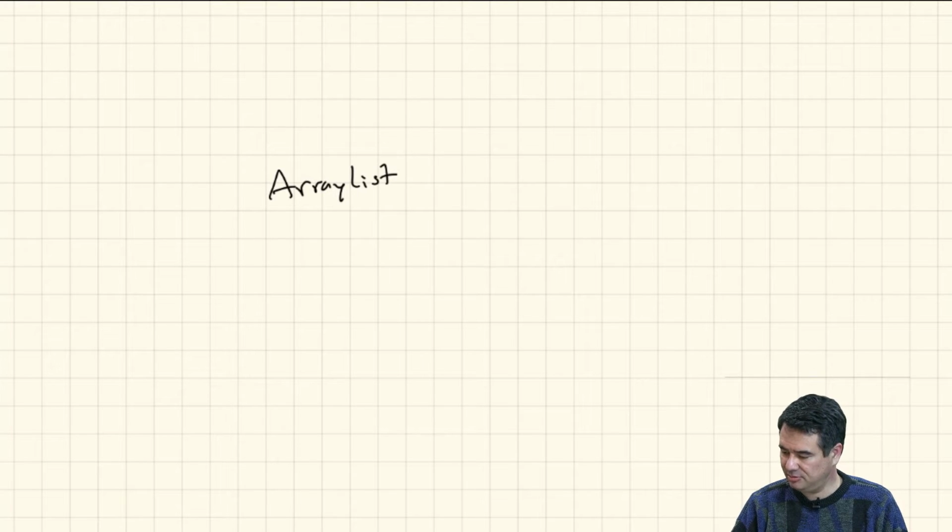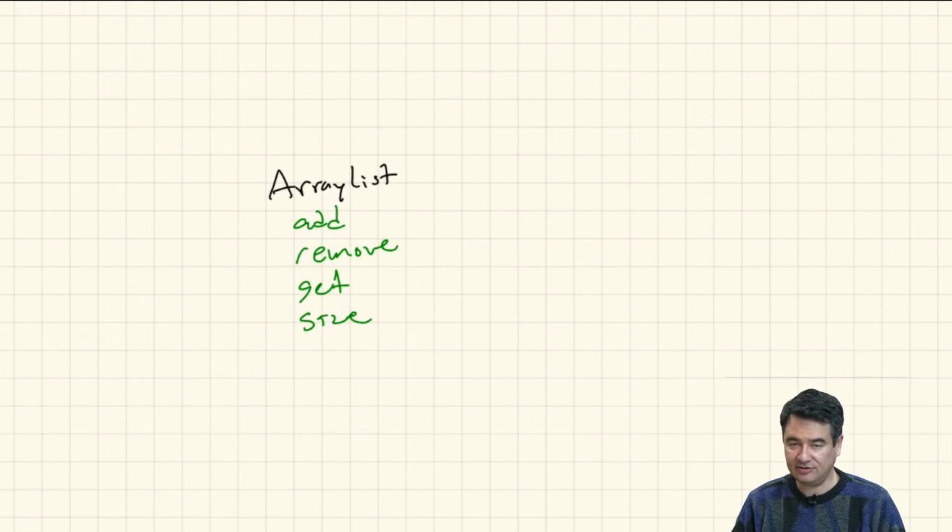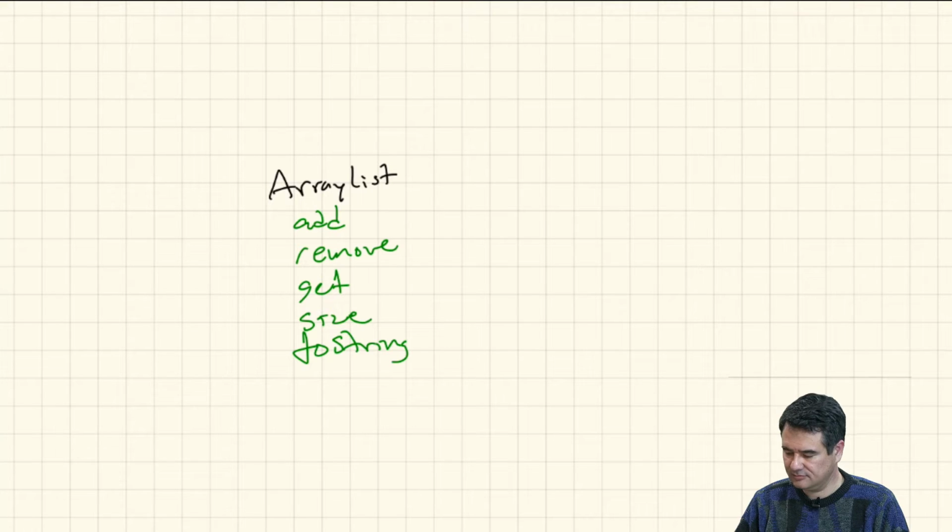Okay, and it provides methods like add, remove, get, size, toString, clear. Okay, and inside of ArrayList, let me again move this up here a bit. I need a little more space.